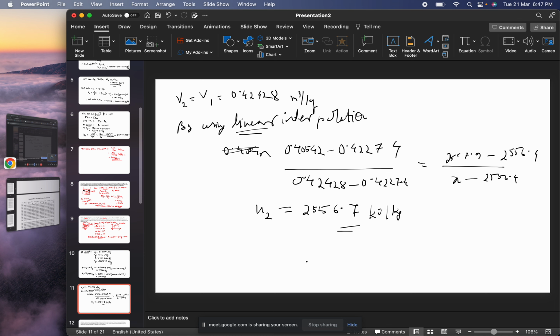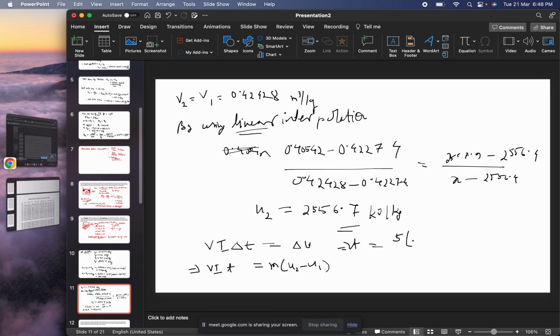Okay, now we will just put it in the formula. Vi delta t is basically your delta u, and delta u will be m into u2 minus u1, is it not? So just put it here, you'll get t is equal to, I think m is given as 5 kg.